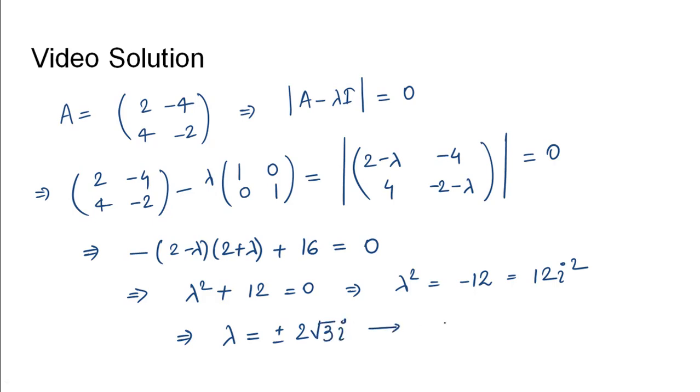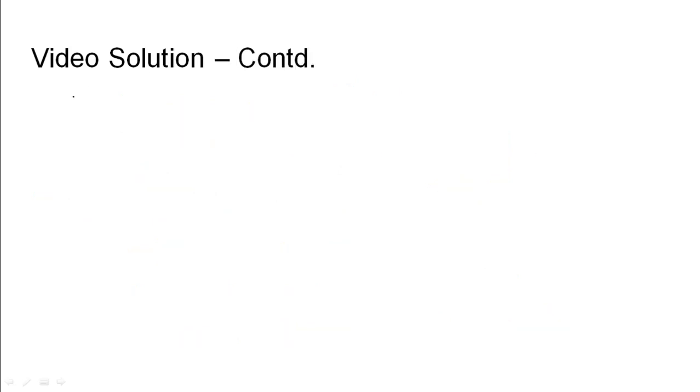So we can see that the eigenvalues in this case are complex conjugates. Now we need to find the corresponding eigenvectors for these eigenvalues. So let us call the first eigenvalue lambda 1, which is 2 root 3 i, and the second eigenvalue lambda 2, which is minus 2 root 3 i.